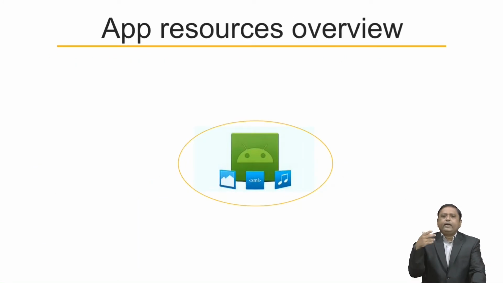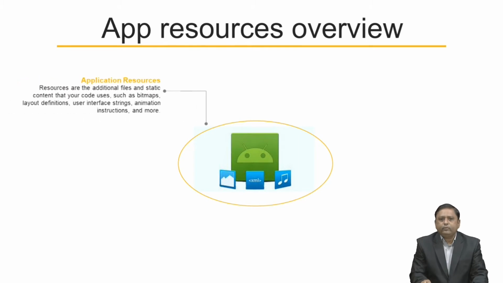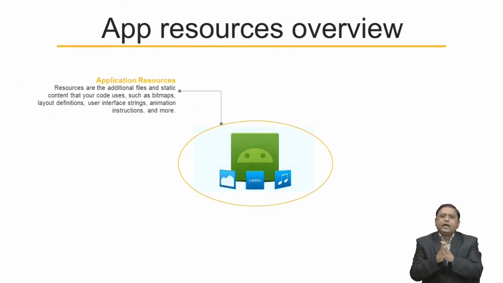Now let us get application resources overview. Resources are the additional files and static content that your code uses, such as bitmaps, layout definition, user interface, string, animation, instruction and more.